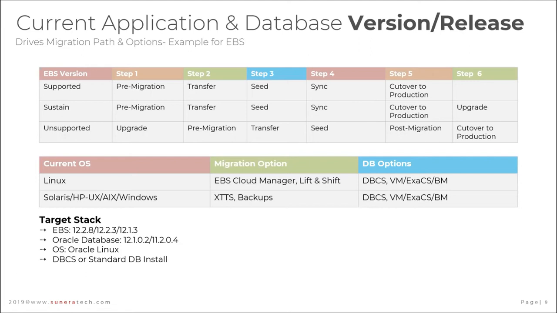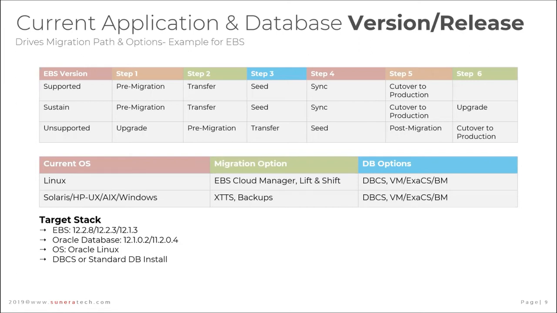Based on which you are in currently, you go through step 1 to step 6. If you're in a supported version, you understand what to do: the pre-migration and transfer with different migration options, and then go to the cutover and production.